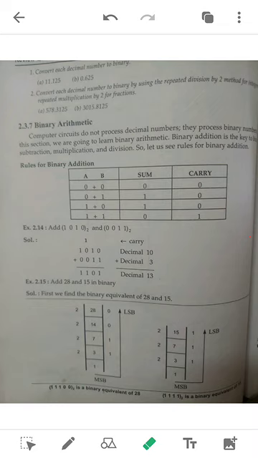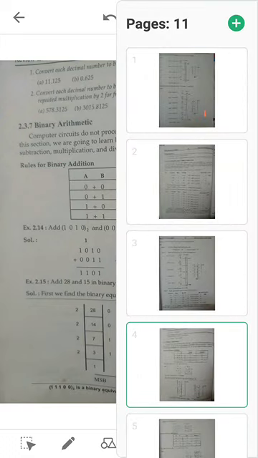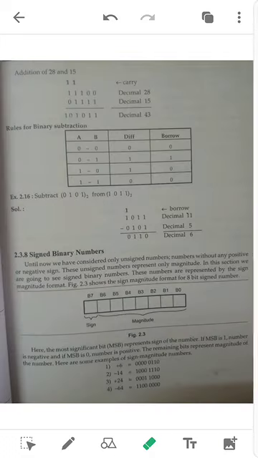That is the first step. Next, add 28 with 15.